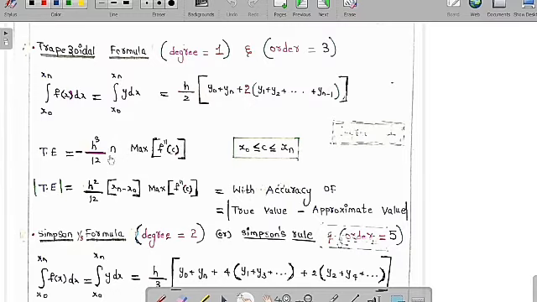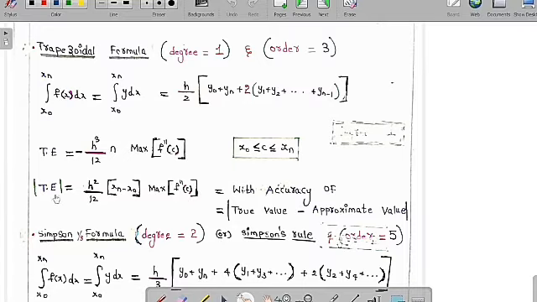Or simply you can replace n with (xn minus x0) by h, and then you get this formula. But I want to know only the absolute value. So the absolute value of the truncation error is equal to h square by 12 into (xn minus x0) into the maximum of f double derivative of c.